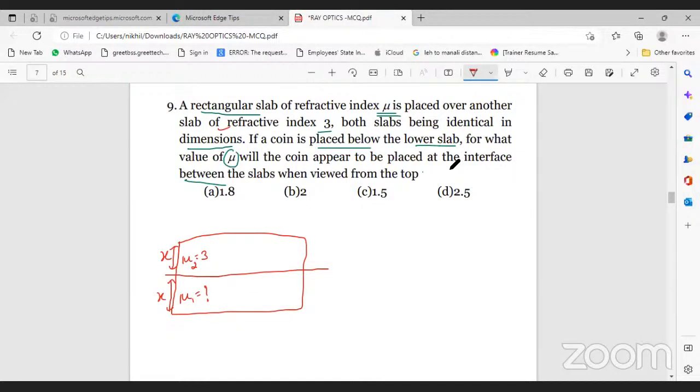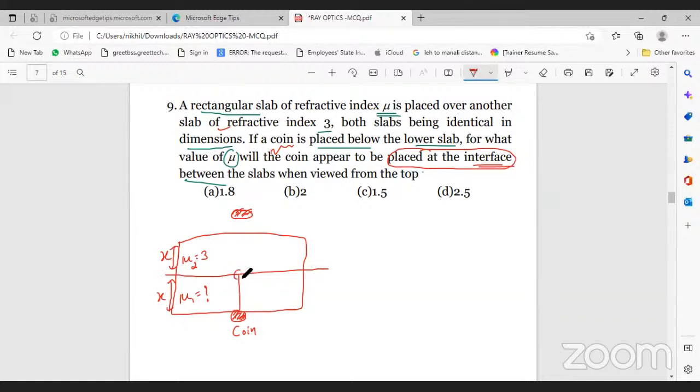Now below the lower slab, there is a coin. When you look at this coin from the other medium normally, this coin appears to be raised, and the coin appears to be at the interface.